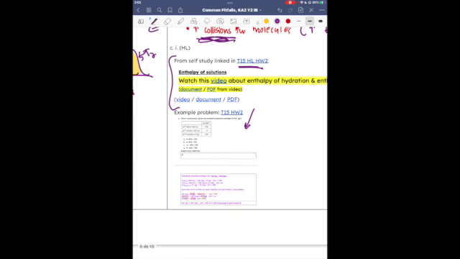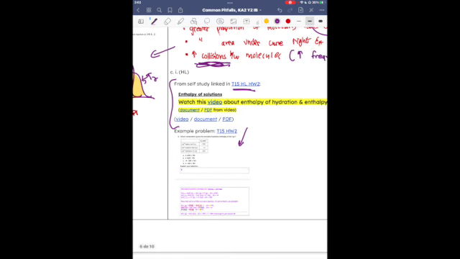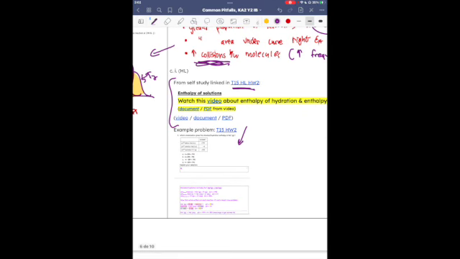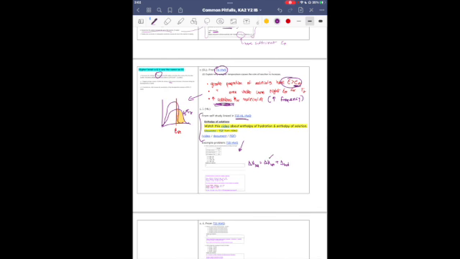We learned this formula here about enthalpy of solution, that the enthalpy of solution is equal to the lattice enthalpy plus the hydration enthalpy. So this one was pretty straightforward. You just needed to add the lattice enthalpy and the hydration enthalpy in order to get enthalpy of solution.